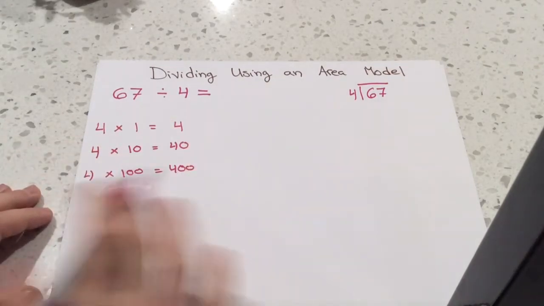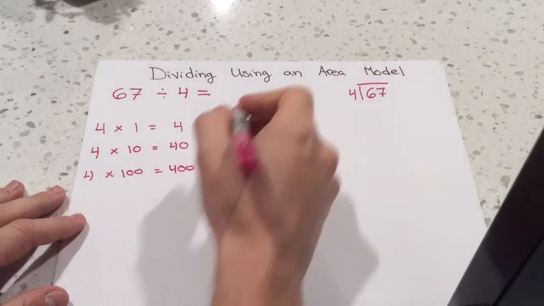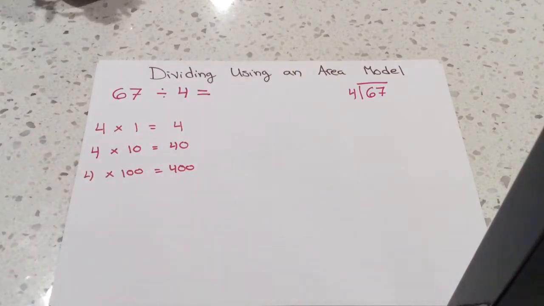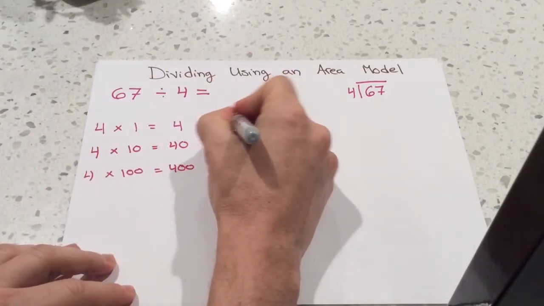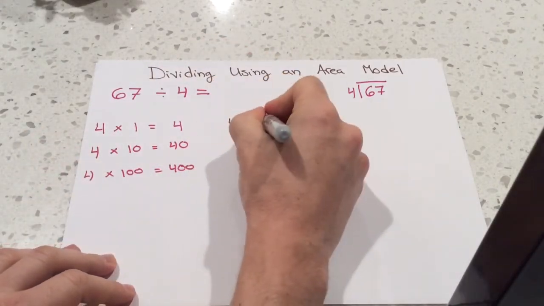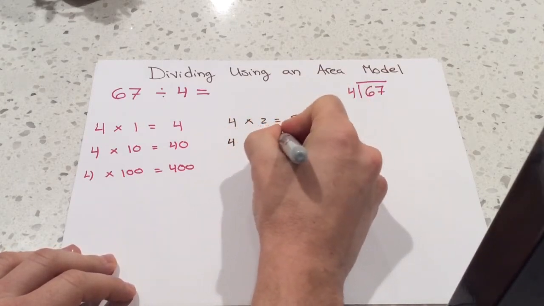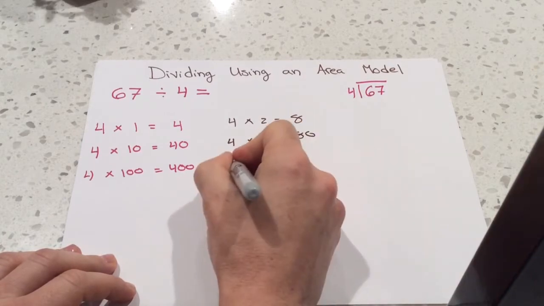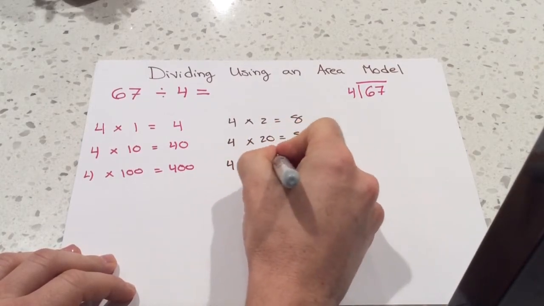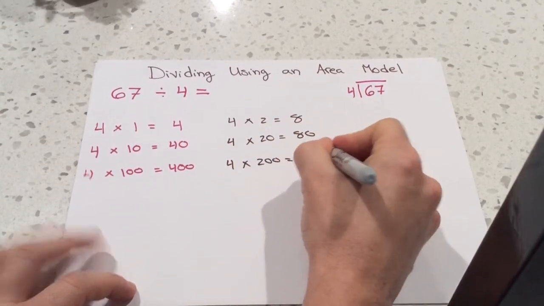Additionally, I could build this out a little bit more. I know that 4 times 2 is 8, which means that 4 times 20 would be 80, and 4 times 200 would be 800.